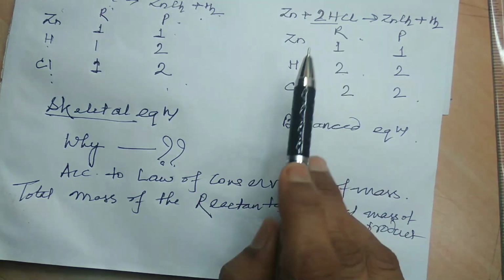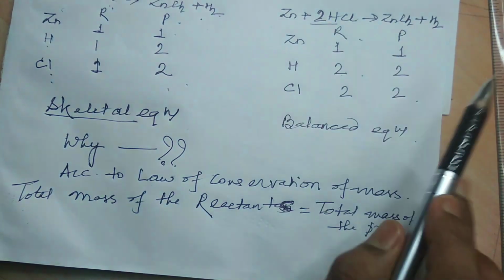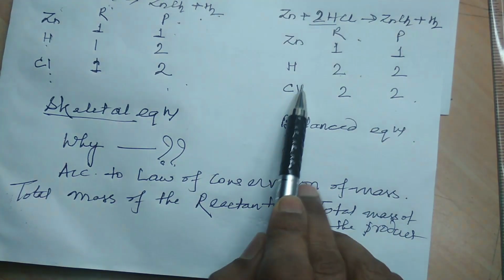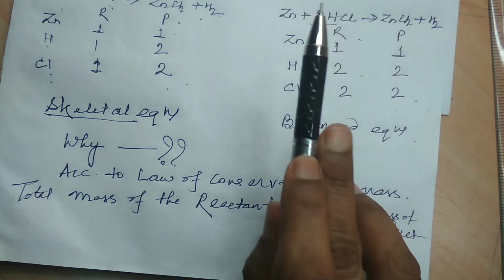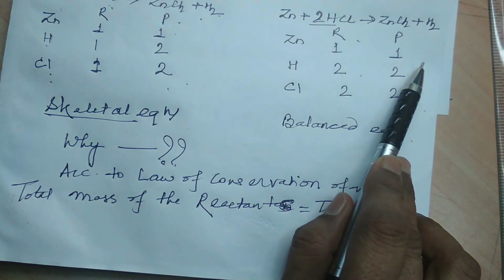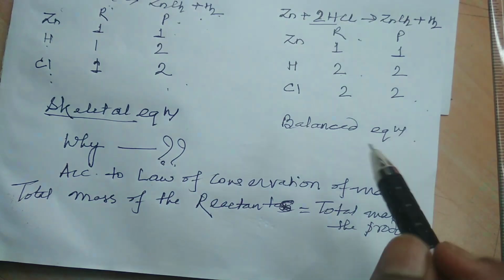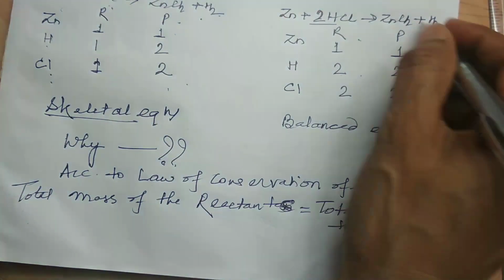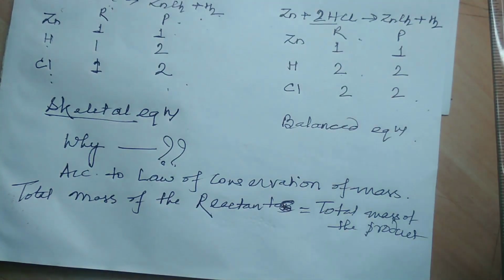If this side, 2 hydrogen atoms, this side also 2 hydrogen atoms, this side 2 chlorine atoms, and 1 zinc atom towards the reactant side and 1 towards the product side, then what will happen? The total mass of the reactant will obviously be equal to the total mass of the product.